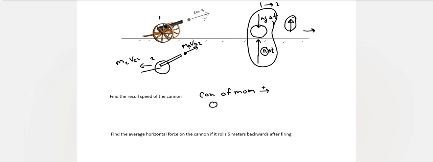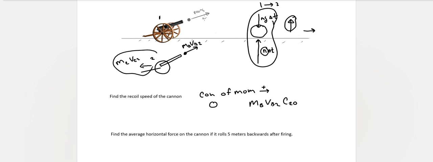Then in picture 2, our net momentum is the vector sum of the two momentum vectors in the horizontal direction. This one's magnitude is mass b times vb2, but we need to multiply it by the cosine of 20 degrees because we only want the x component of this cannonball's momentum vector.